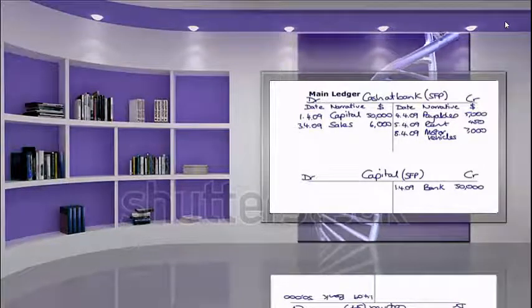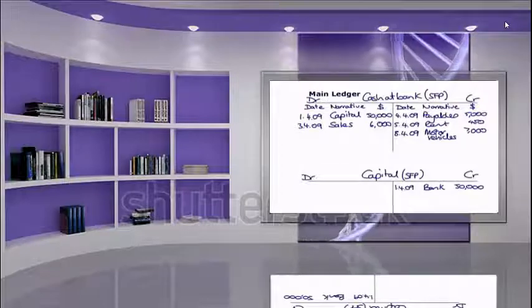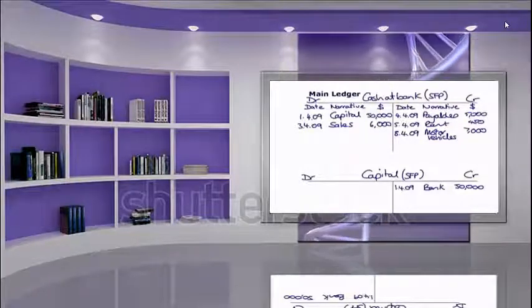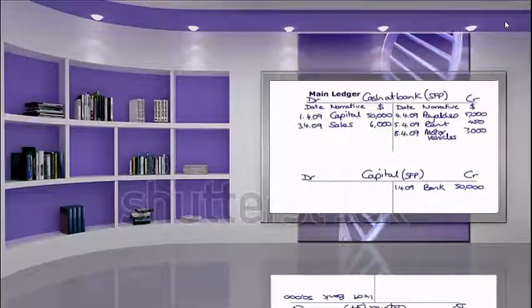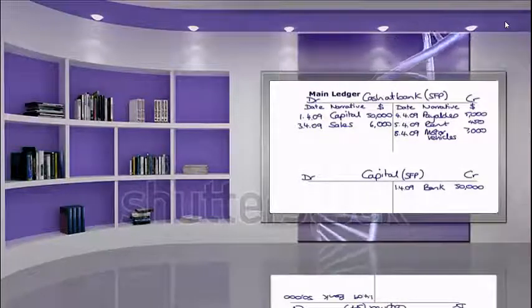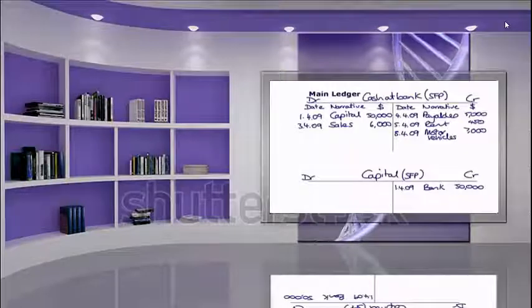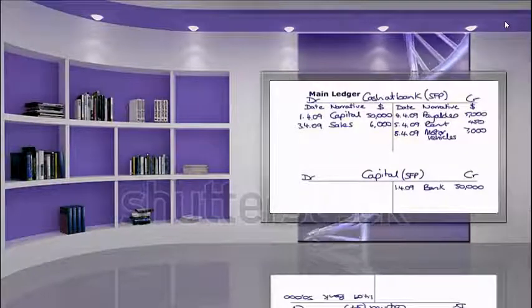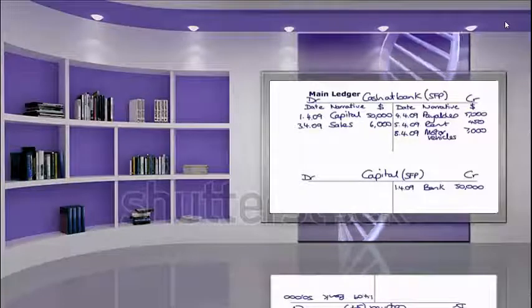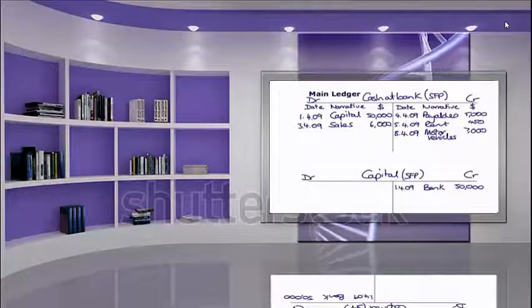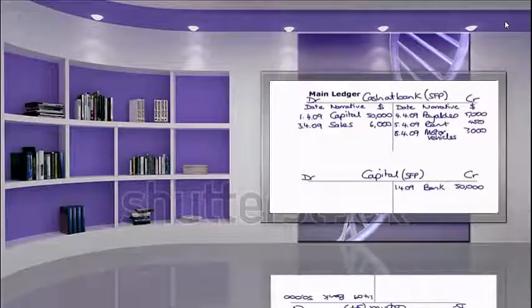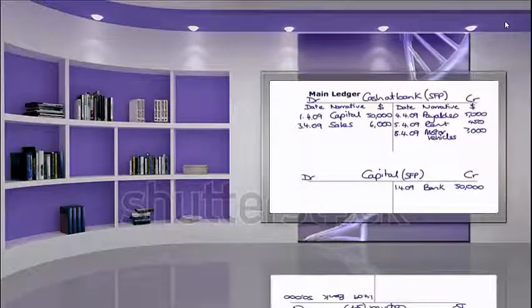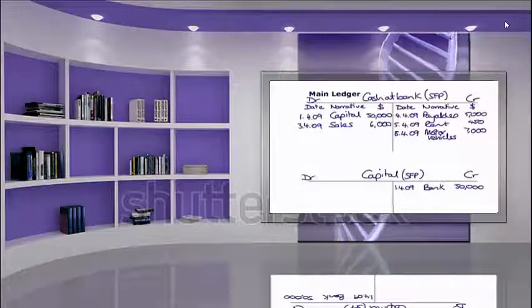So, looking at the main ledger now that we've just completed for George, what we need to do is balance the accounts. And for this you're going to need a ruler, okay, because we like things to be nice, neat and presentable. Now you can see then, let's start with the cash at bank account. We can see that there's transactions on both the debit and the credit side.